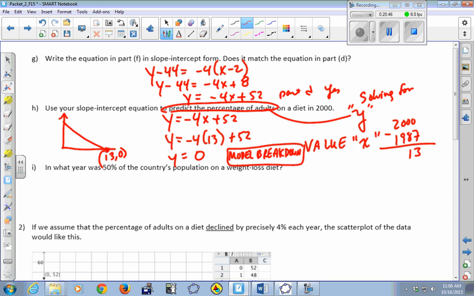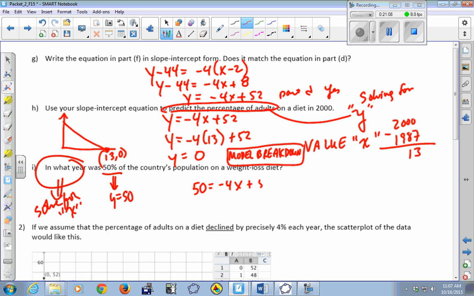Okay, so now we're asking a little different question. In what year was 50% of the country's population on a weight loss diet? So now we're trying to solve for x, the year. This 50 is the value for y. So we put that into our equation and solve for x. We get x equals positive 1/2.